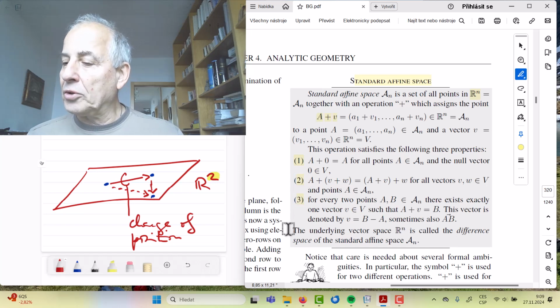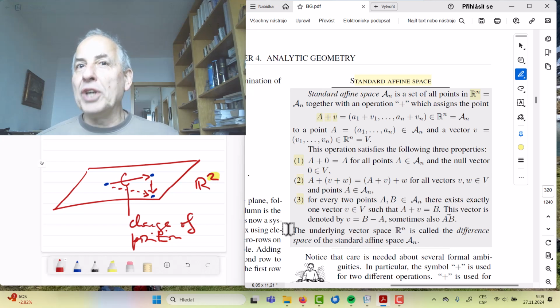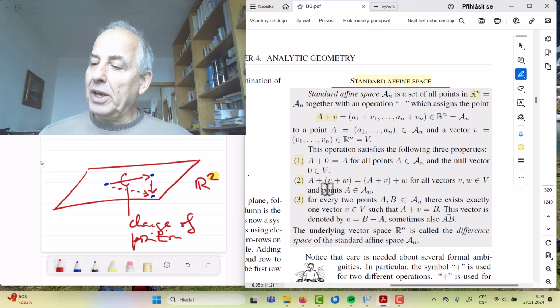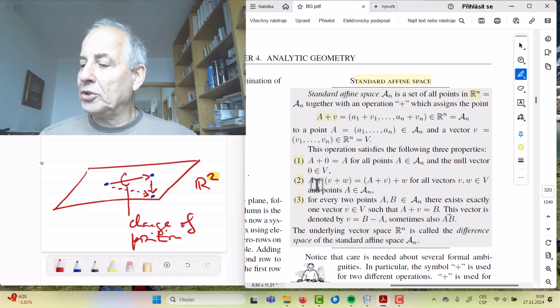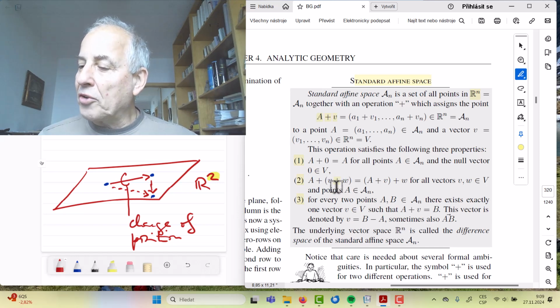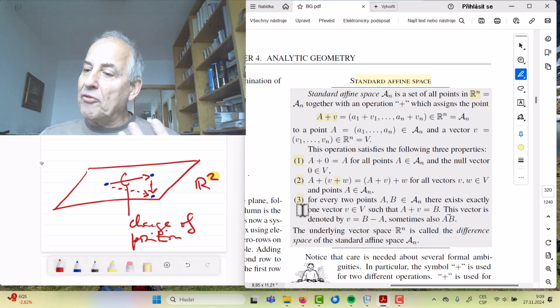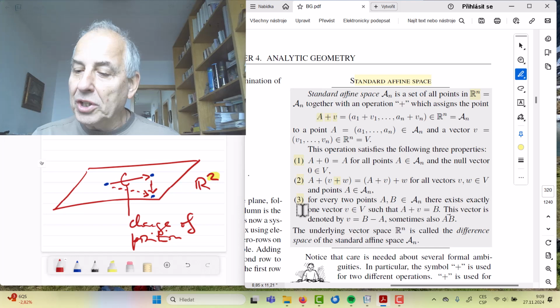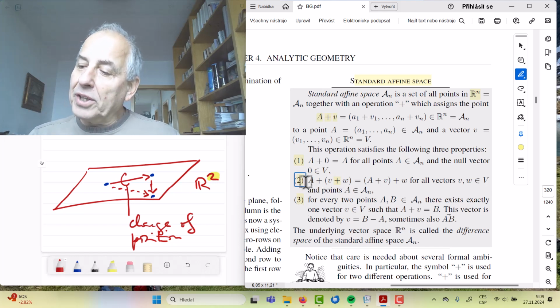And this clearly has these three properties. The first property is that there is the only option how not to change your position, and that's by adding the zero vector. And then it has to be associative with respect to the adding of vectors, so it doesn't matter whether I first add the vectors. Notice this is a different plus than this, although it looks like the same one, but it has a different meaning. Here I add the vectors, whereas the adding of the result is something else, right?